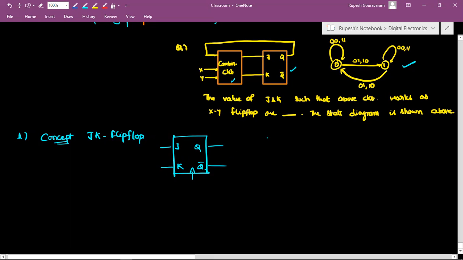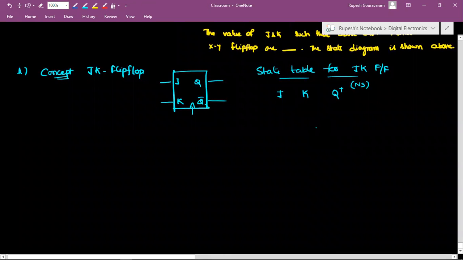So if we see the state table for the JK flip-flop, forget about the question, we are learning about the JK flip-flop. State table means inputs we will write here, and the output we'll write as Q plus. This is the next state.